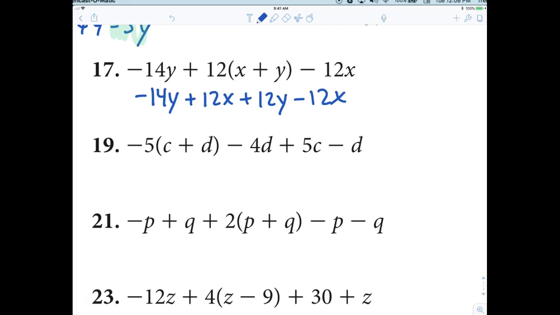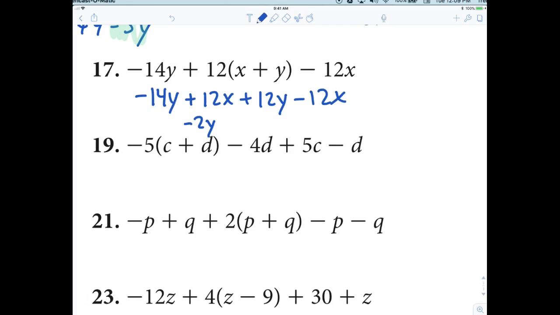Where's negative 12y? Yes. So what's that? Negative 2y. Now what? They cancel. The answer is negative 2y.